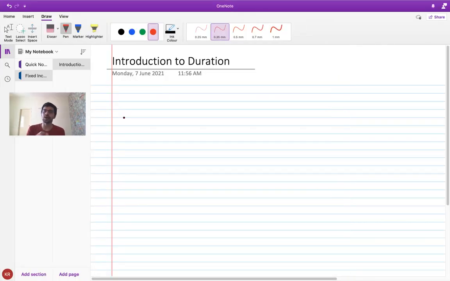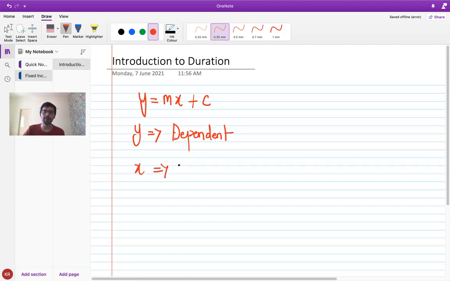Now, if you remember, in 11th class you would have learned that the equation of a straight line is in the form of y equal to mx plus c, where y is called the dependent variable and x is called the independent variable.